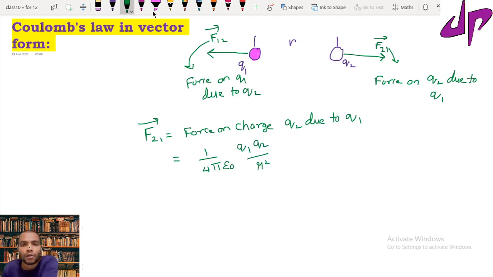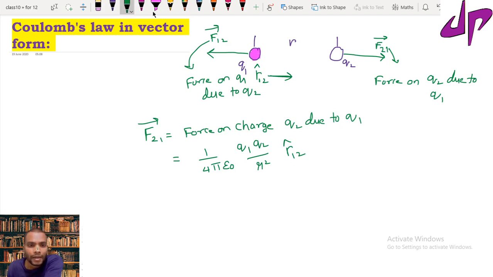Now here I want to represent precisely the unit vector direction. It is in the direction of r12 cap. The force on Q2 due to Q1 is in the same direction as the unit vector r12.